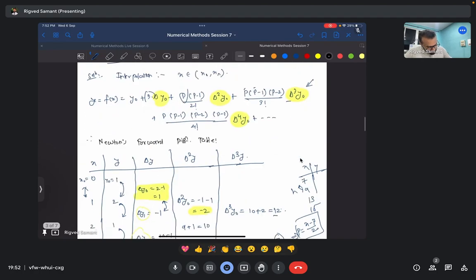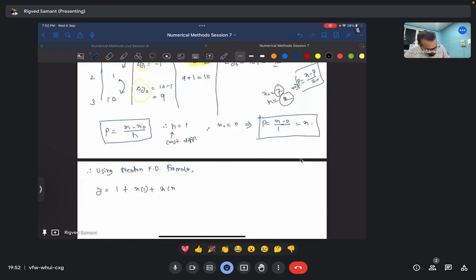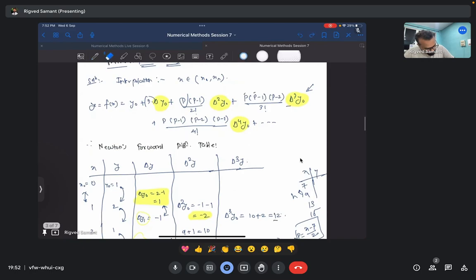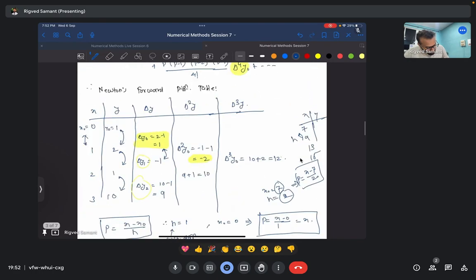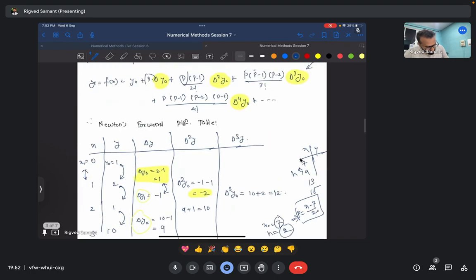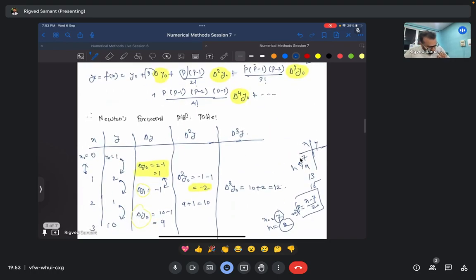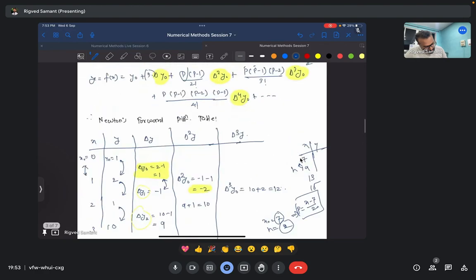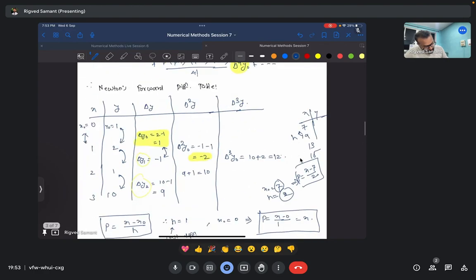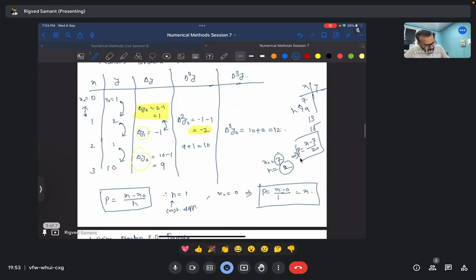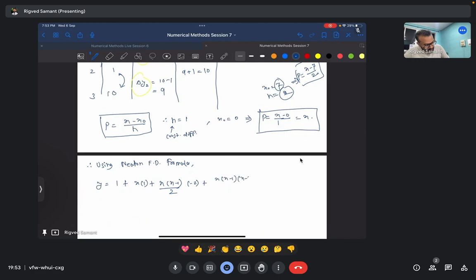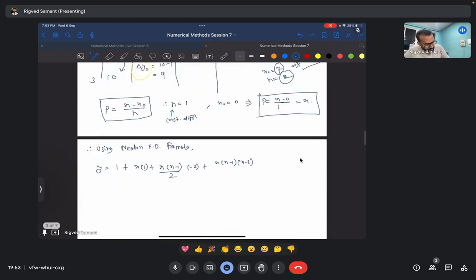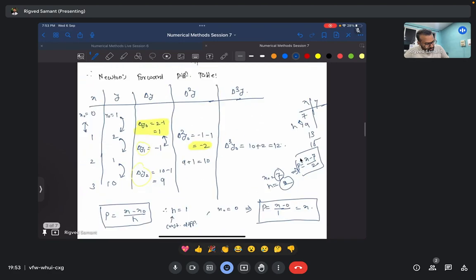So I'll write this down: x into x minus 1 divided by 2 into minus 2, plus x into x minus 1 into x minus 2 divided by 6 into 12.